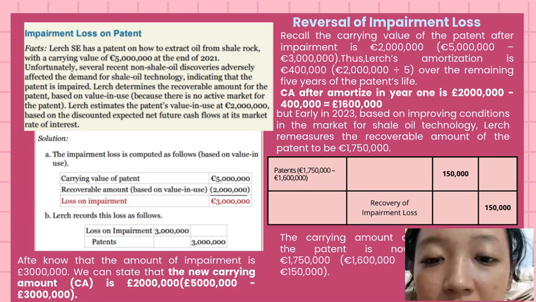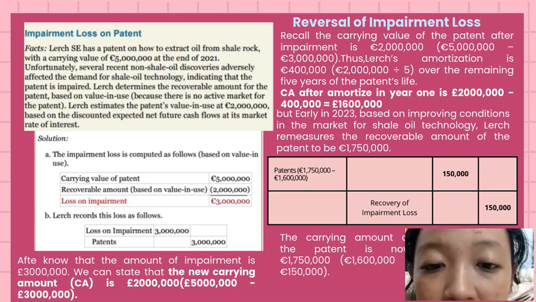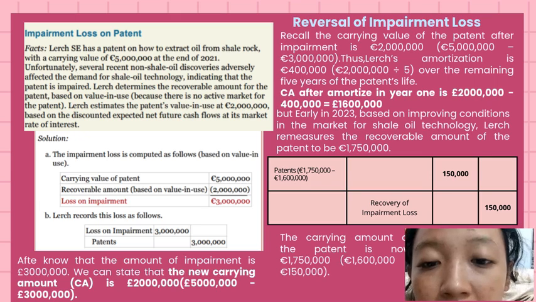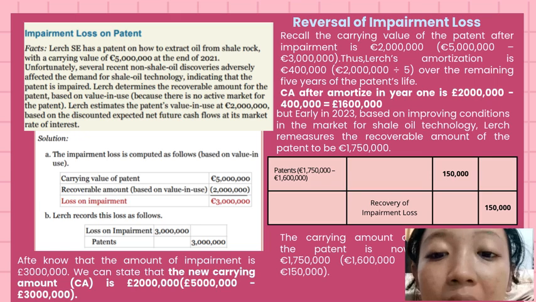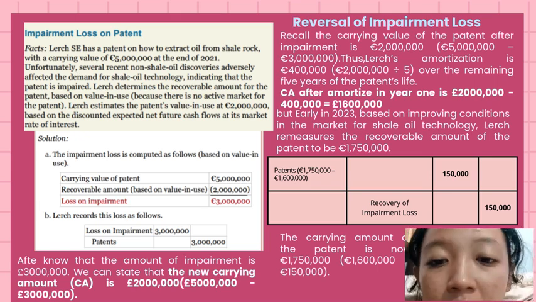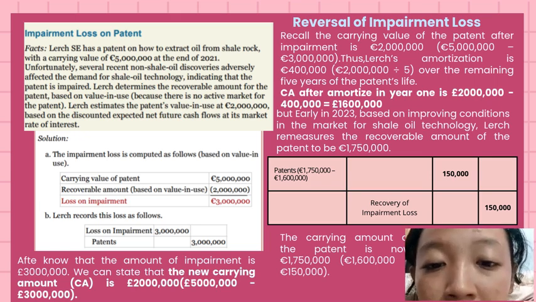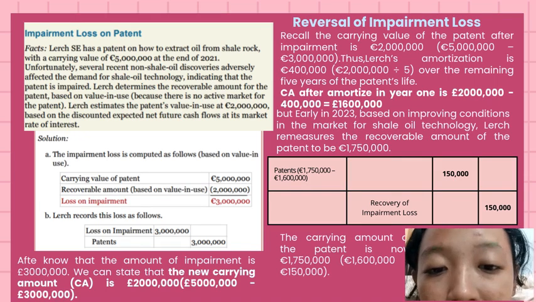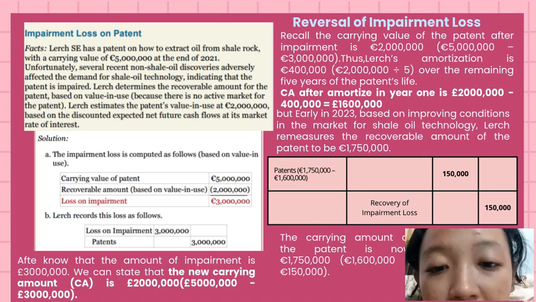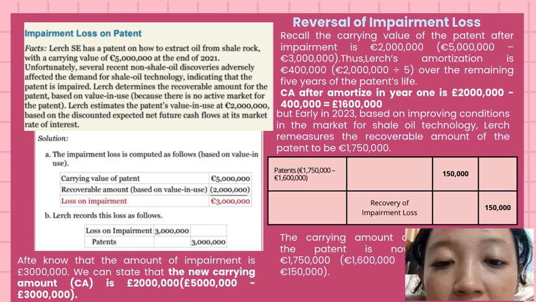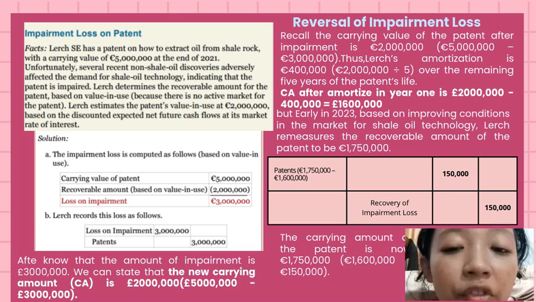Unfortunately, several recent non-shale oil discoveries adversely affected demand for shale oil technology, indicating that the patent is impaired. Let's determine the recoverable amount for the patent using the value in use at 2 million, based on discounted expected net future cash flow at its market rate of interest.